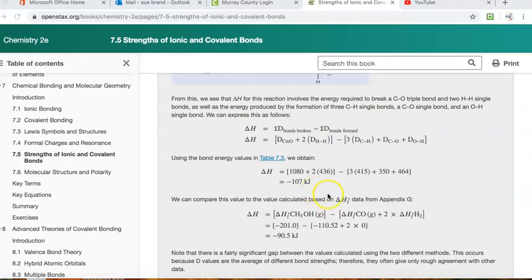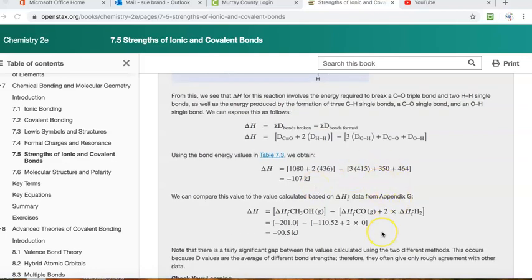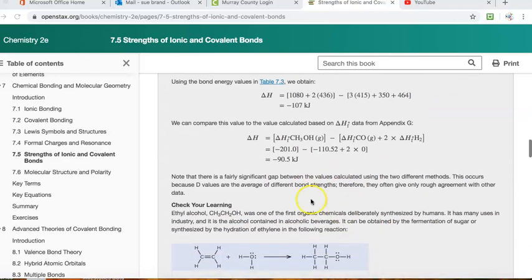Okay. And so it's an exothermic reaction. We can see that just from the mathematical values. We can compare the value to the value calculated based off the standard enthalpy of formation data. That value is negative 90.5 kilojoules compared to negative 107 kilojoules. So each method has different values. Okay, there's going to be a gap associated with it.